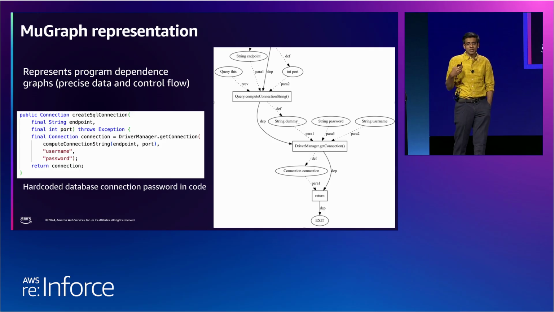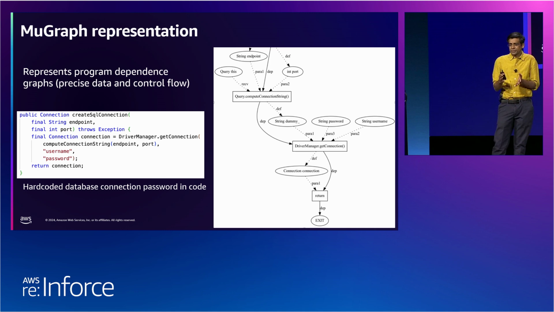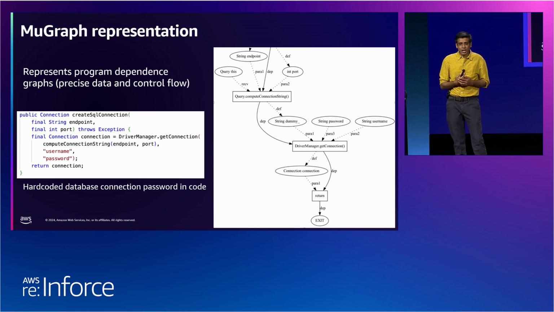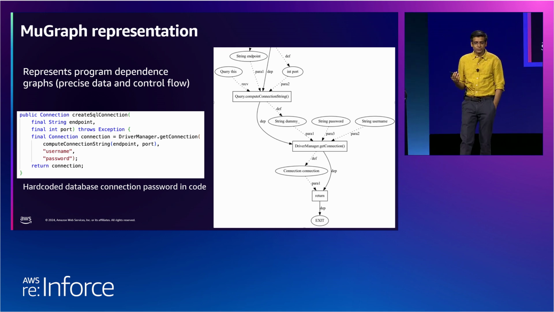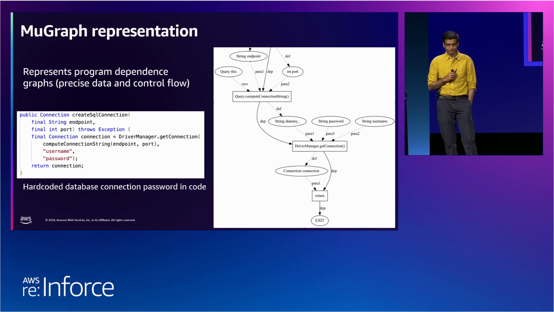Okay, so as we'll see very shortly, the graph representation is precisely tracking the data and the flow of control in the program, and tracking these is extremely crucial for being able to express the security vulnerabilities that we want to check in our code.